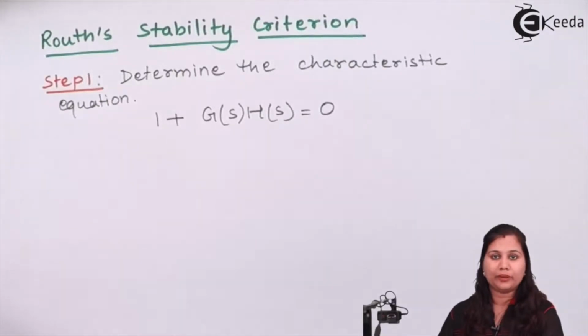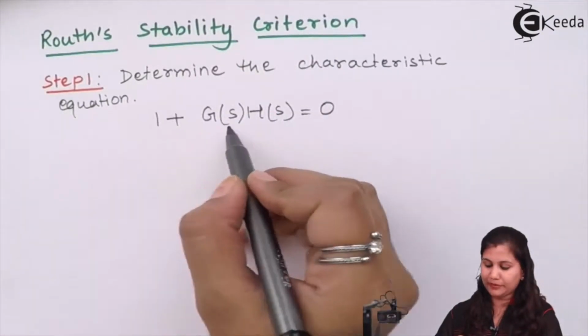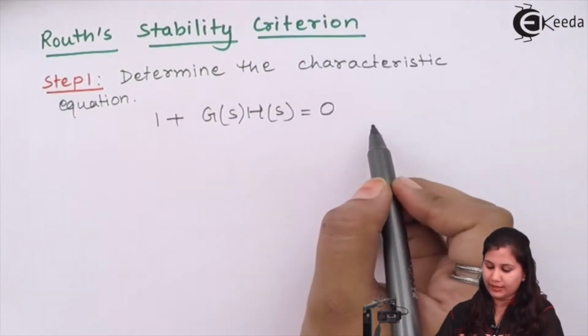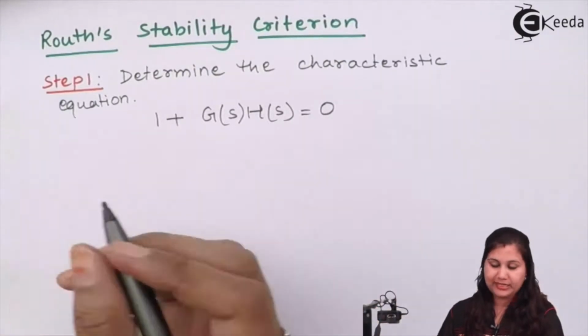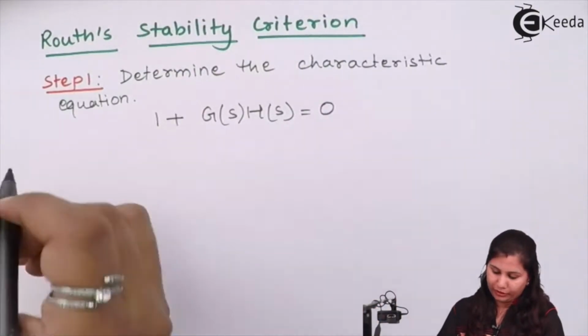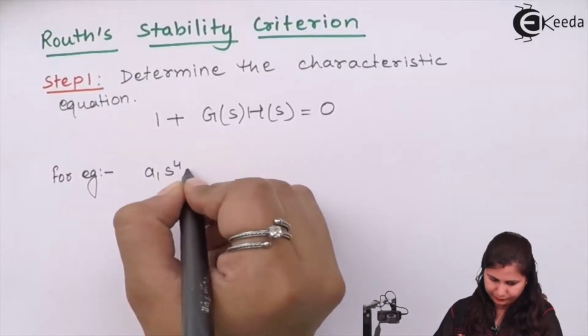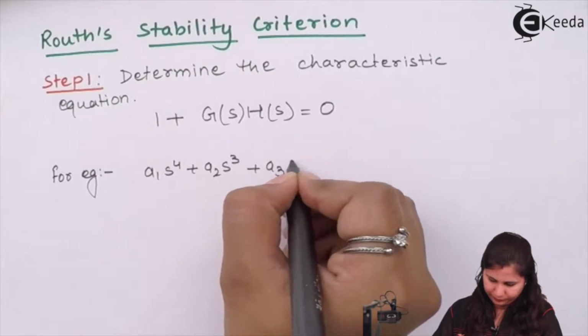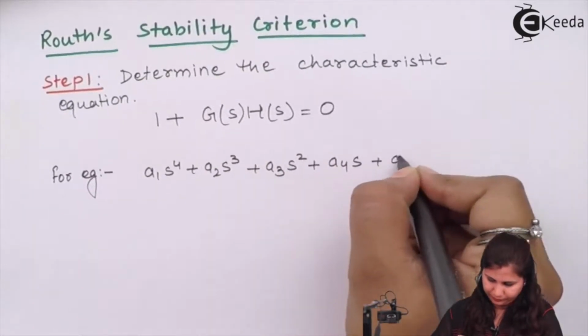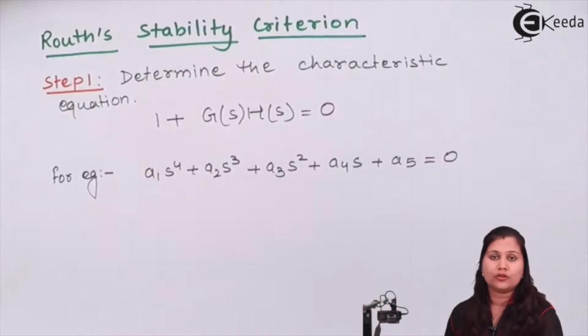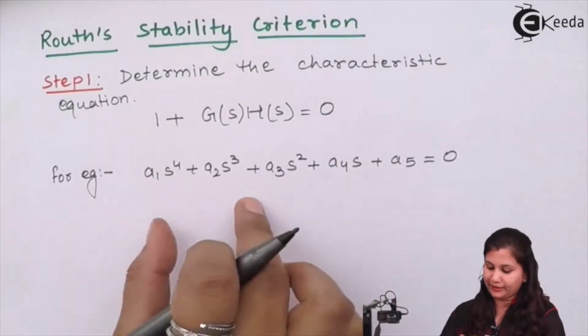The characteristic equation of a system is given by 1 plus G(s)H(s) equals 0. Now let's take an example of a characteristic equation. So we have taken an example of a characteristic equation.